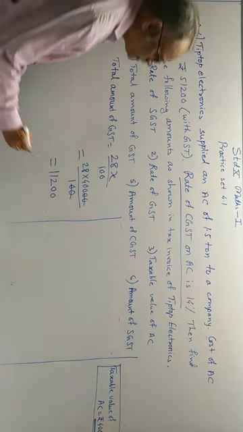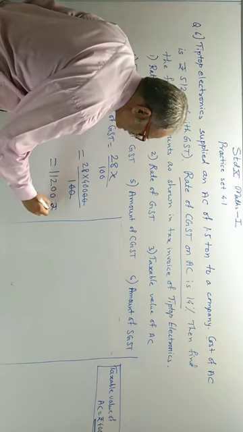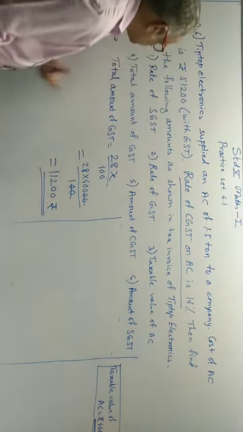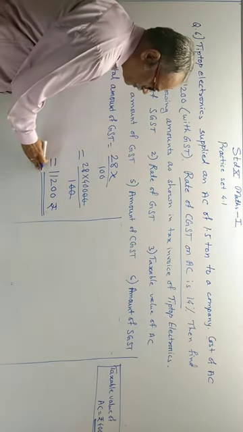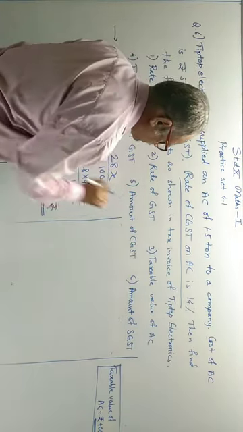So 11,200 rupees is the total amount of GST on that AC. Half of that will go as CGST.